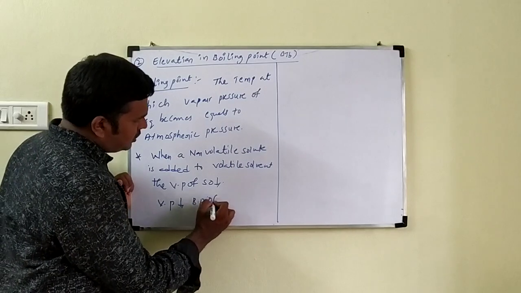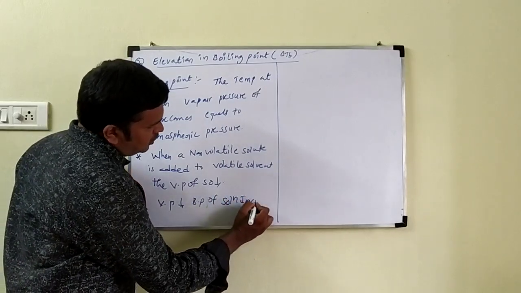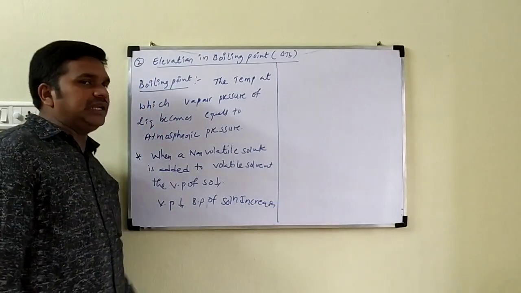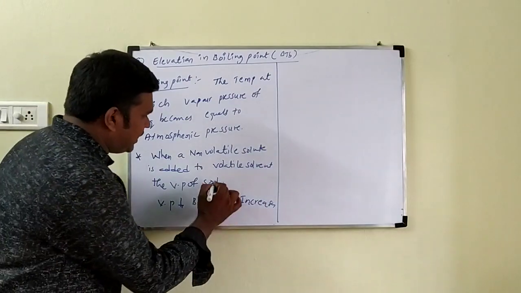Vapor pressure decreases, then the boiling point of the solution increases only. When a non-volatile solid is added to a volatile solvent, the vapor pressure of the solution decreases.